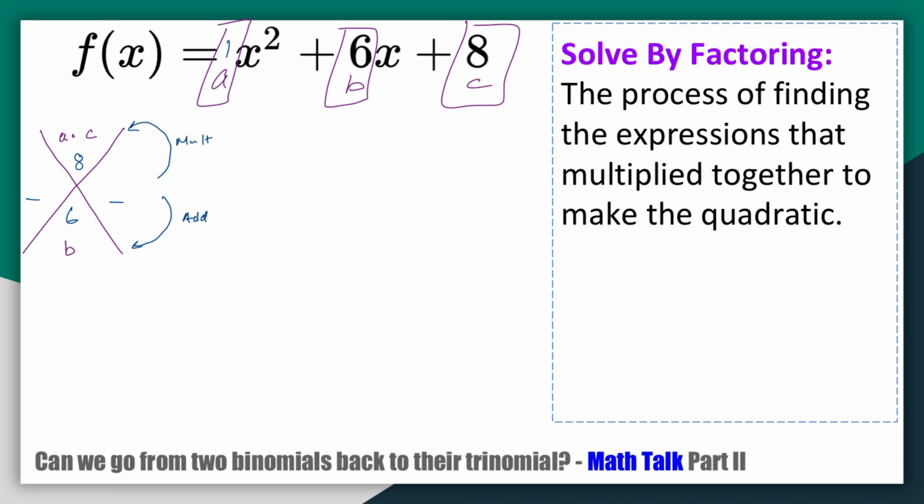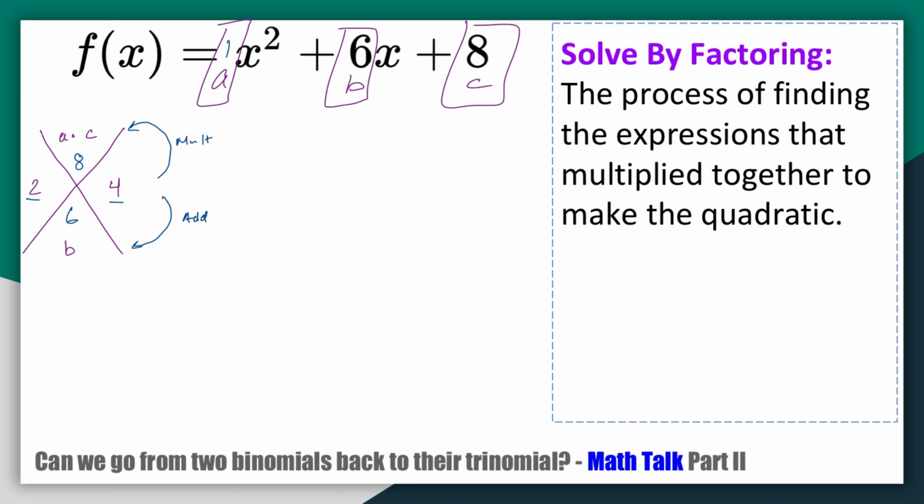So two numbers that multiply to get 8 that add to get 6, okay? So when I look at this, you got to run through the factors, right? Well, I know that 8 times 1 is 8, but 8 plus 1 is 9, so that's not it, right? And then 2 times 4 is 8, and 2 plus 4 is 6. So I know that 2 and 4 go there.